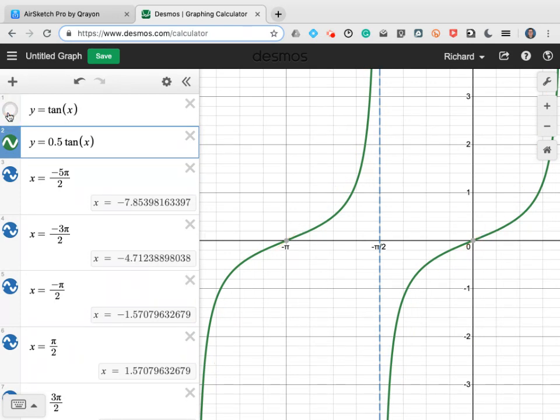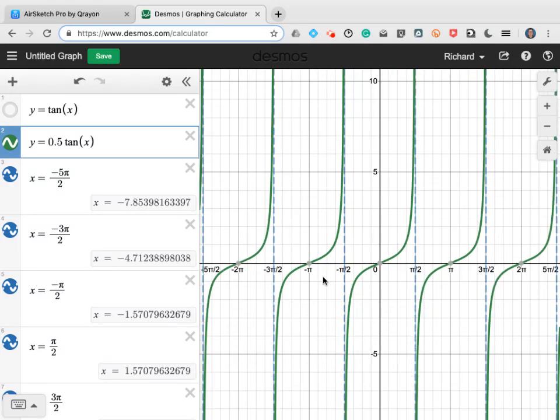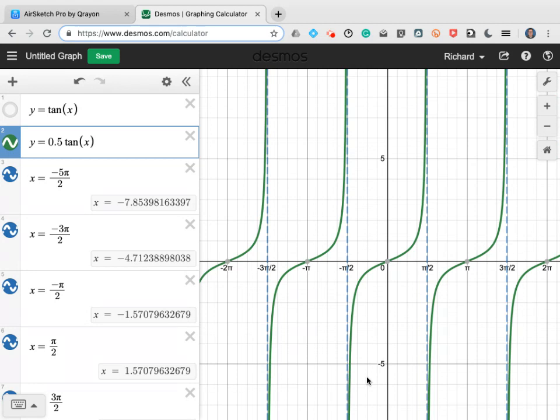But if I didn't have tan x there, you couldn't really tell so much. I'll just zoom out a little bit so you can see it. If I did that, you couldn't really tell that I'd flattened out the graph. It's only when I put on the regular parent graph that you can see, oh yeah, it's been flattened out.